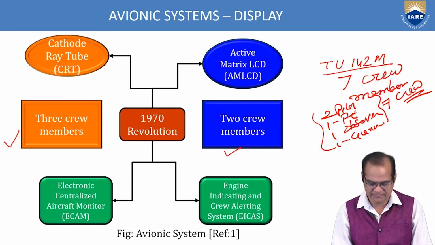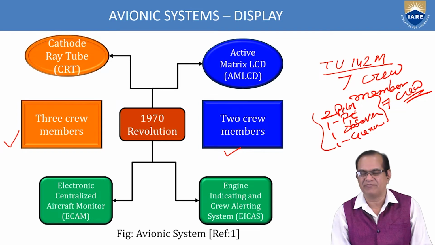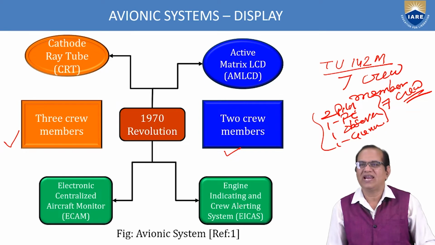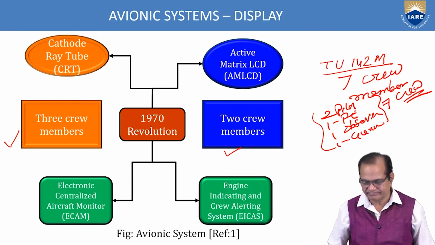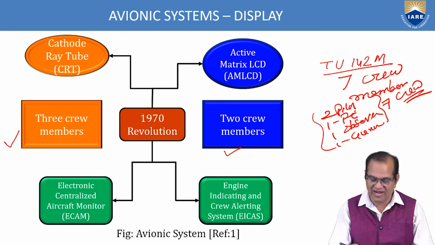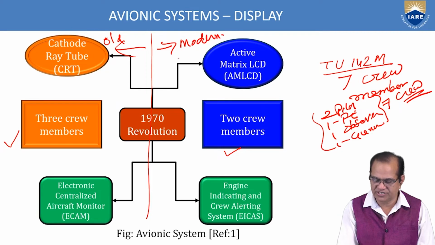With 2 crew members, here we have the electronic centralized aircraft monitor, called ECAM. Then we have EICAS, engine indicating and crew alerting system. These systems are used for this purpose. So this we can divide into 2 groups, like this, old, and this is the modern. Modern displays.